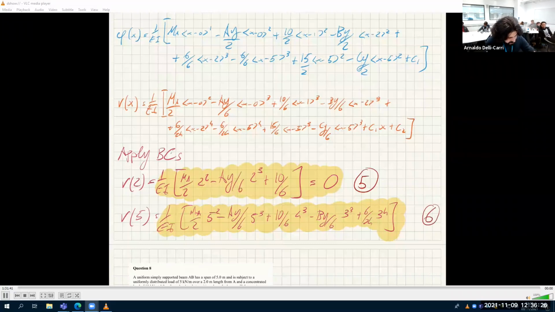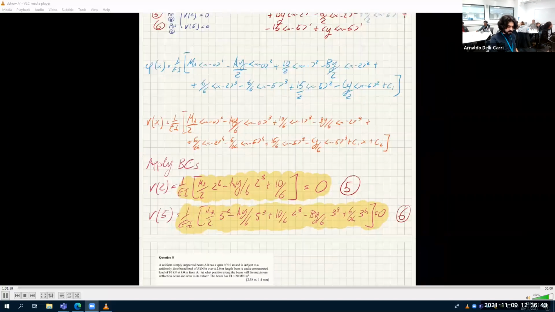Let me. I missed equal to 0 here, because otherwise it's not an equation. Up here.